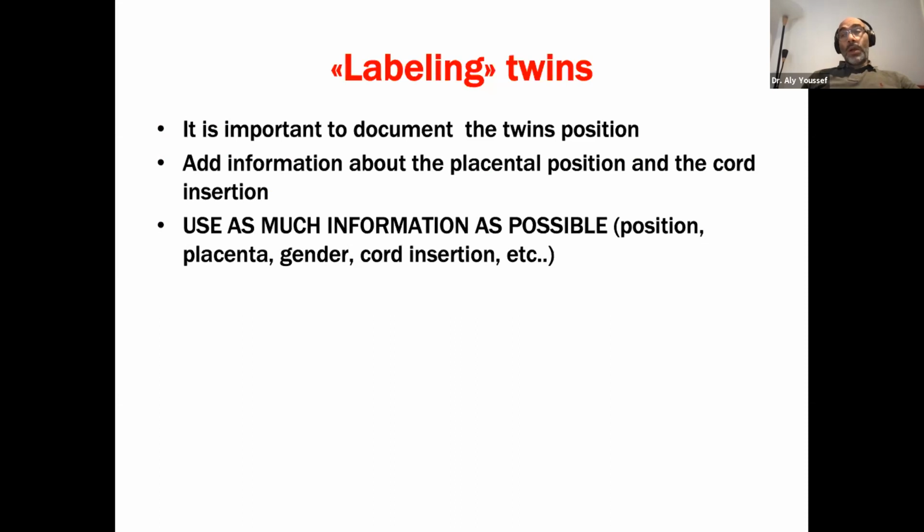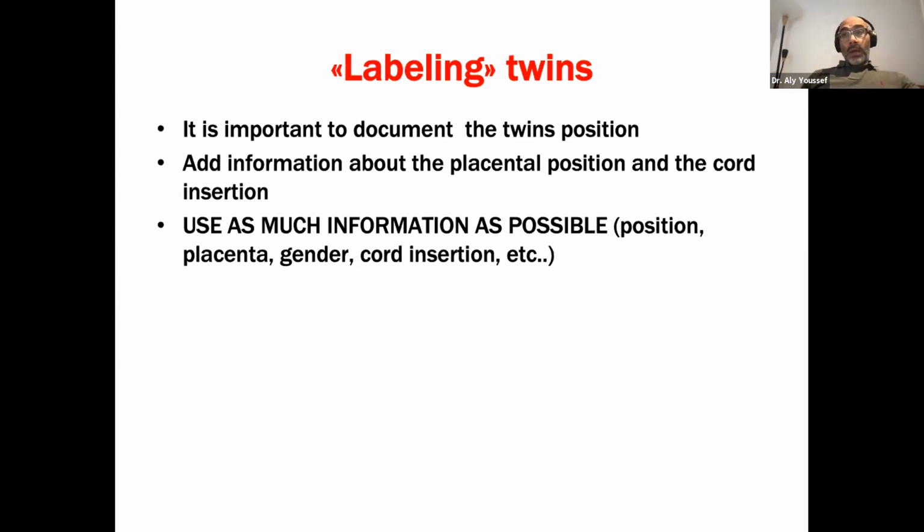So, for example, you write twin 1 inferior to the left with an insertion of the cord on the lateral side, on the left side, or with placenta that's anterior. So try to describe each twin by the maximum number of information.